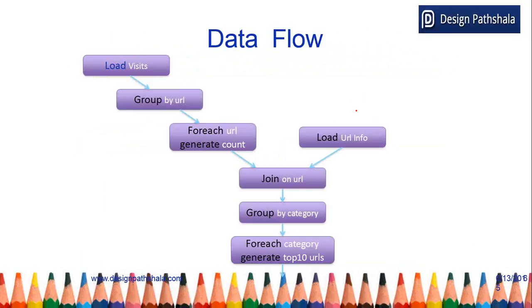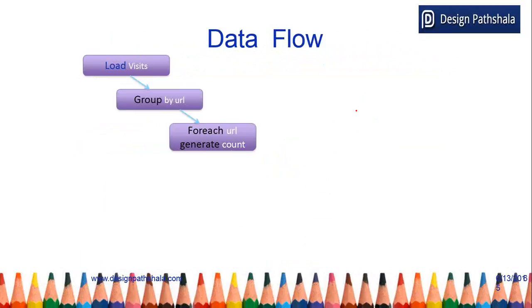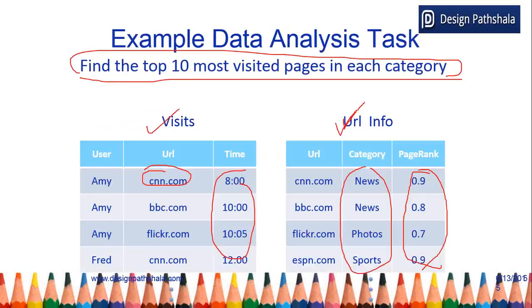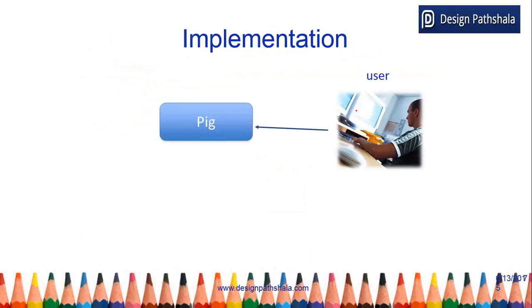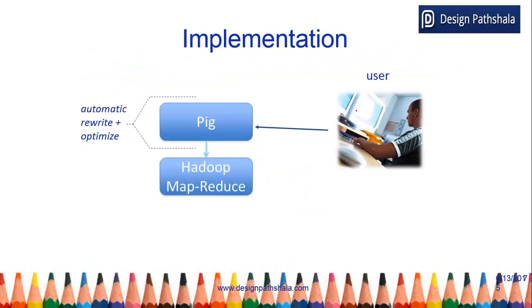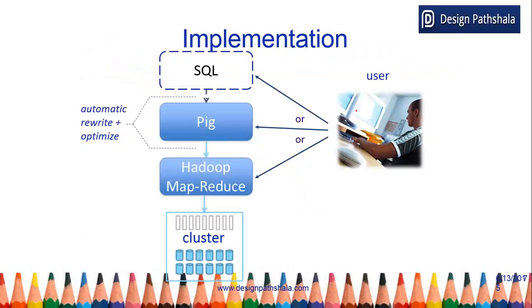Now let's look at how I will write the syntax in Pig language to solve the same problem. We'll again look at this data flow diagram. We can do this by Pig, by MapReduce, or by Hive; it's all our convenience which one we want to use.